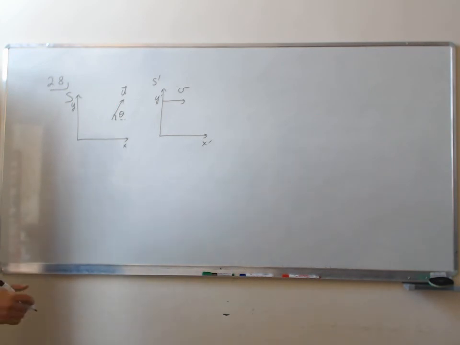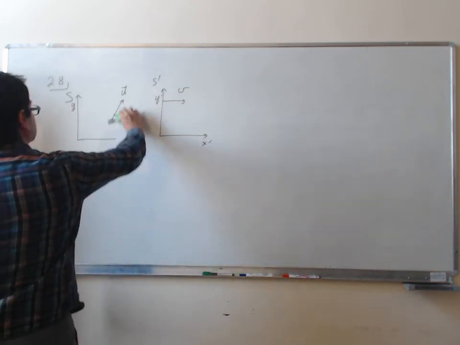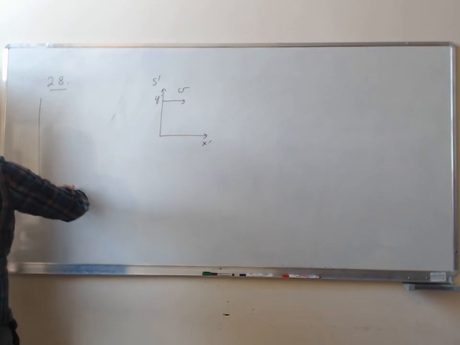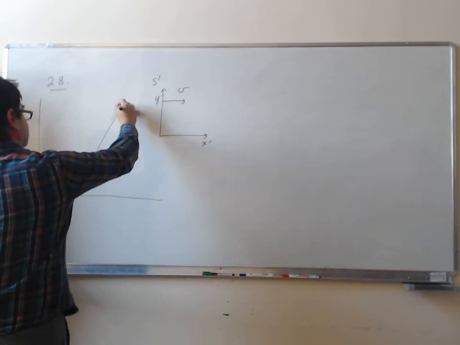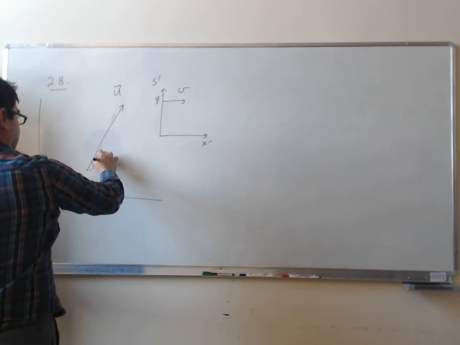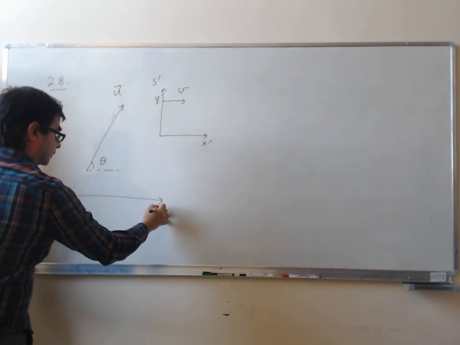I can probably make this bigger. There's no need to make it so small. So the particle's velocity looks like this in this reference frame, and that velocity makes an angle theta. This is y, this is x.